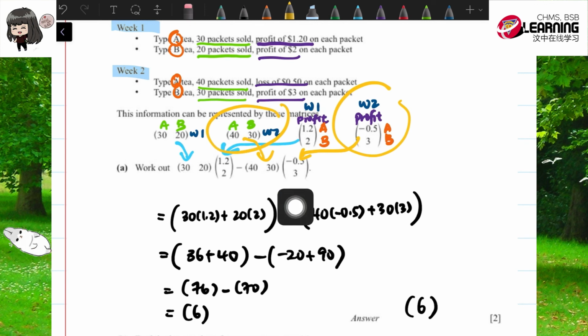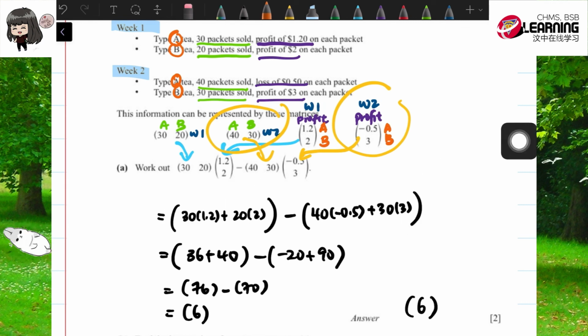And then we minus, right? We did minus, okay? It means that we are actually finding the difference between the earnings in type A and B in week 1 and these two. Okay, maybe I should write one by one here.